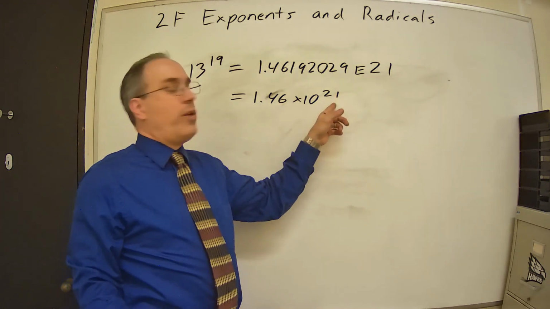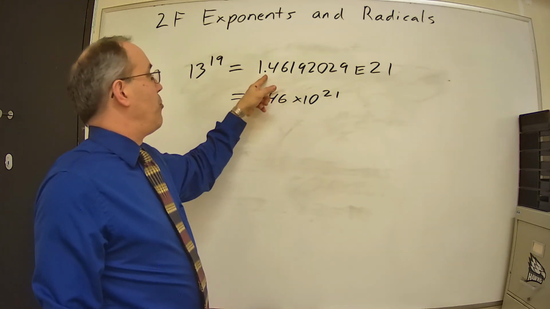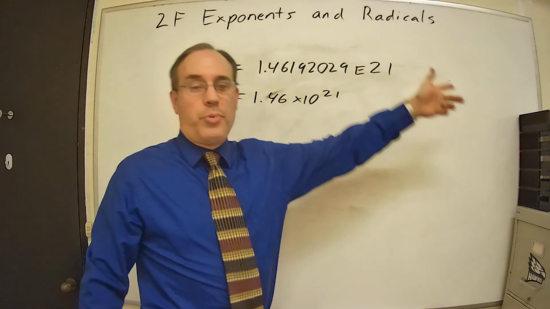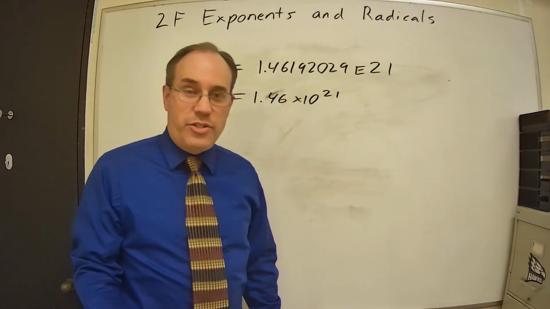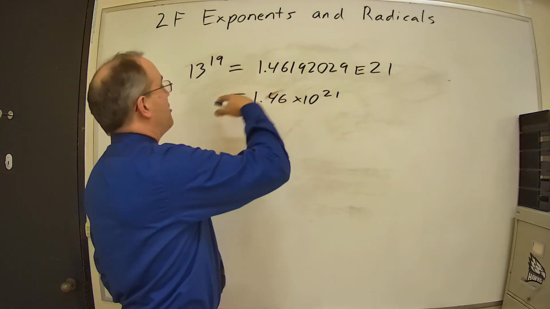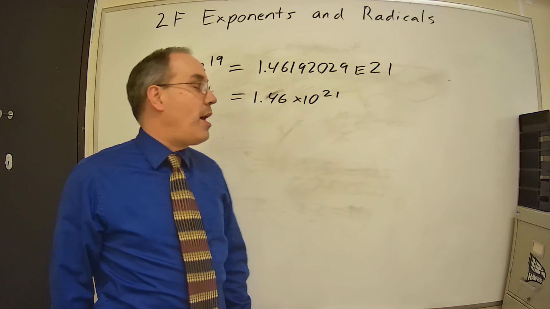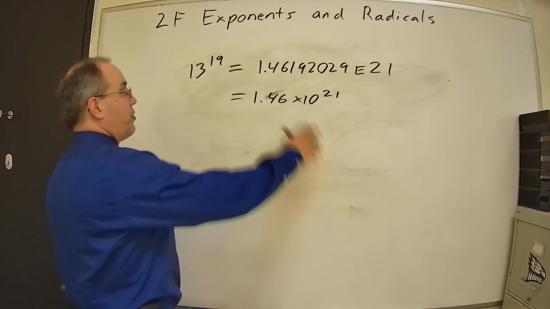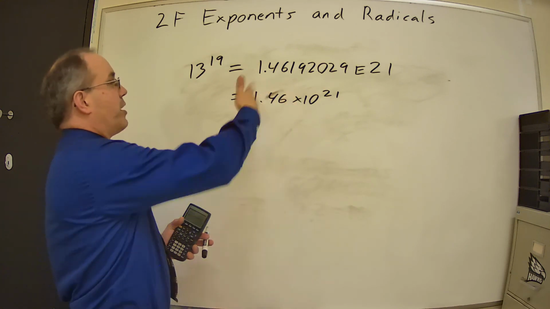And since that 21 is a positive power, that means this decimal point would get moved over 21 places to the right. Now, it's a good thing we covered scientific notation already, because your calculator just can't display such a large number. It's just not possible. So it has to put it into scientific notation.